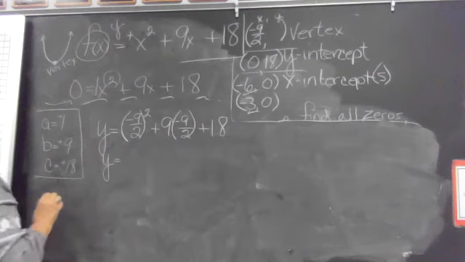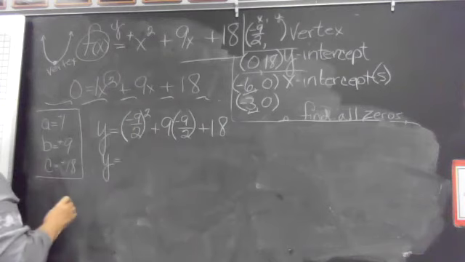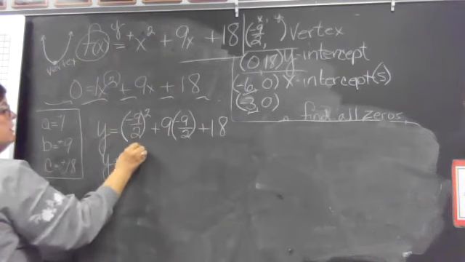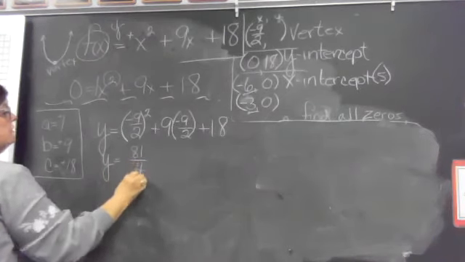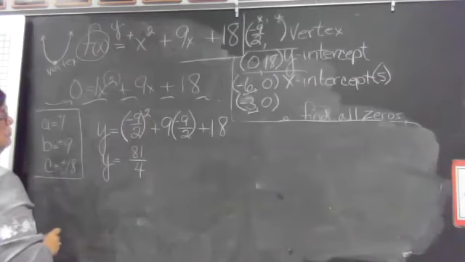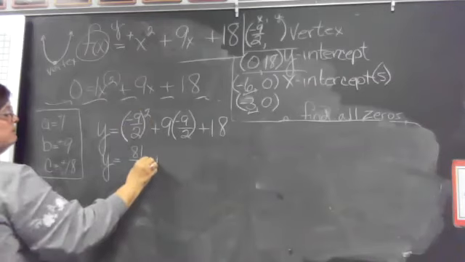So the next step is the exponent. So we're going to do the exponent, and we get 81/4. Because when you square a fraction, you square the top and you square the bottom, and it will always be positive.